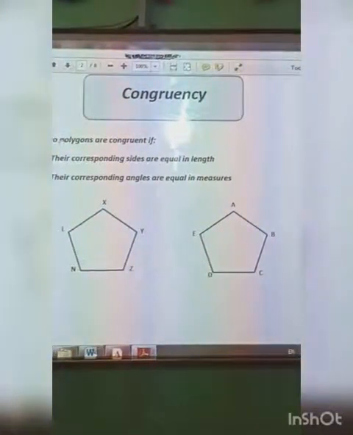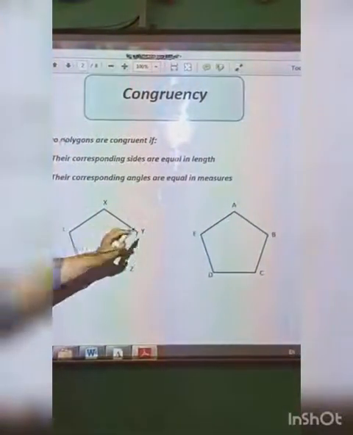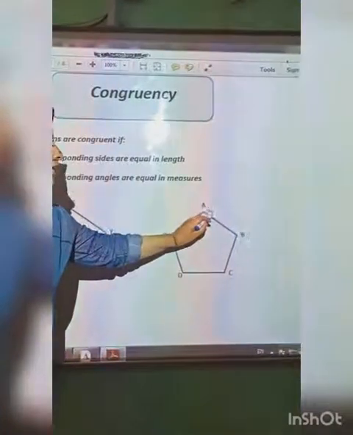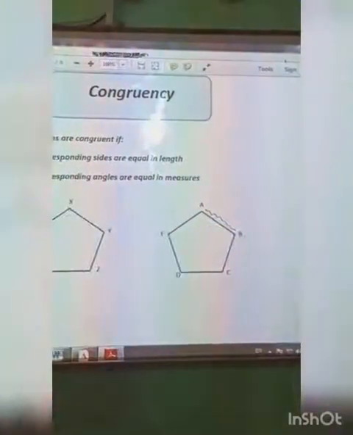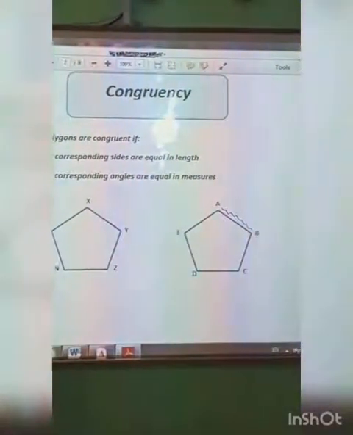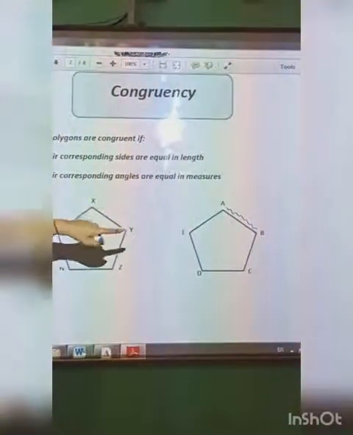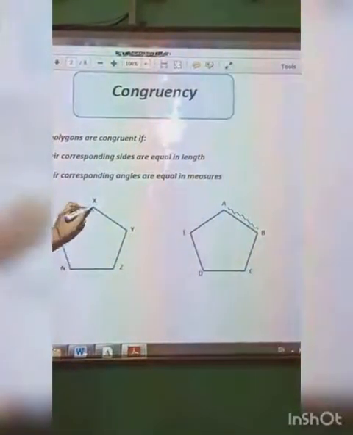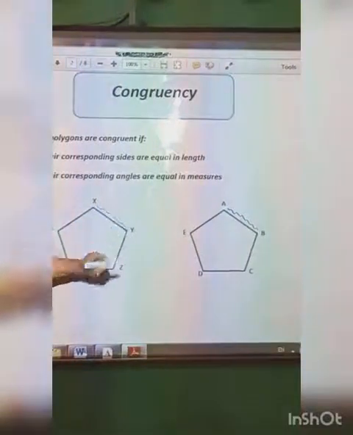I mean, the first side here is called AB. What is the corresponding side for it in the other polygon? It's called XY.